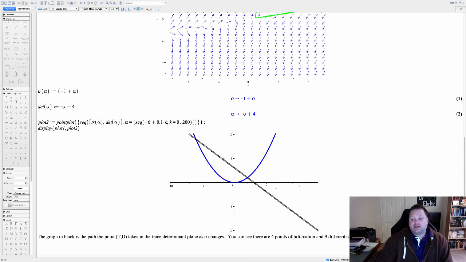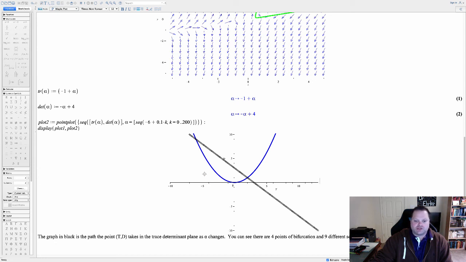There are a total of 9 different behaviors that are observed for different values of alpha. Now, here we get almost every single behavior type, but for a given system, you might not see all the behavior types. For instance, what if this line that we plot just looked like this? You would never see a saddle. What if it was some sort of curve that does this, right?